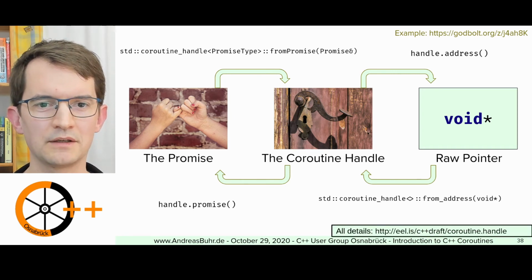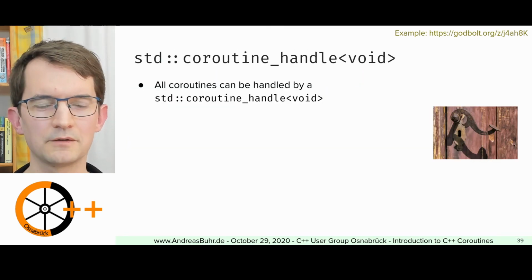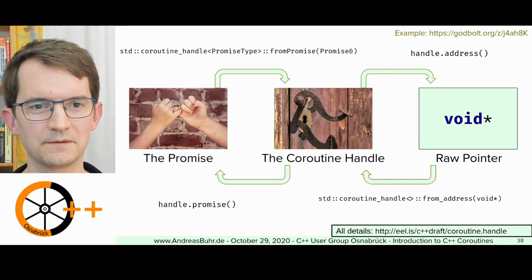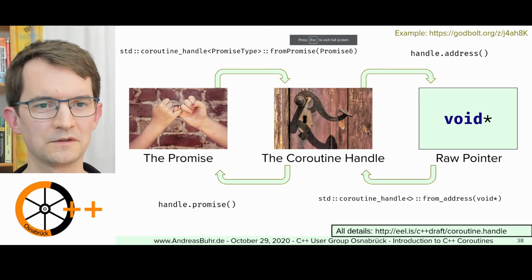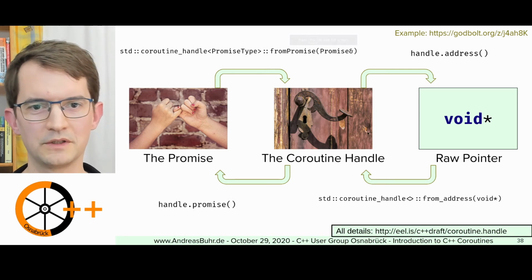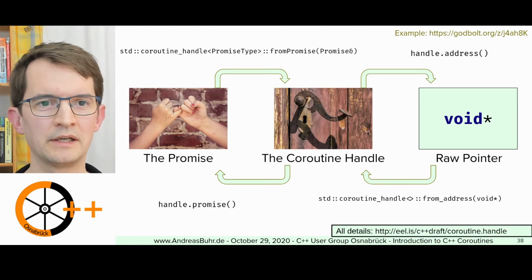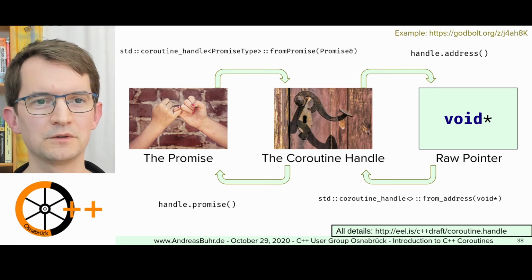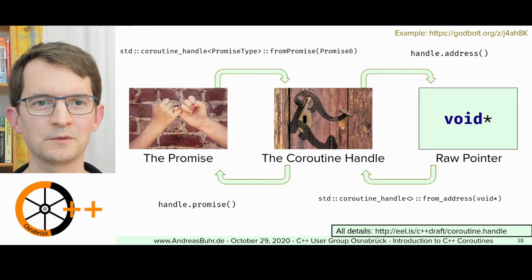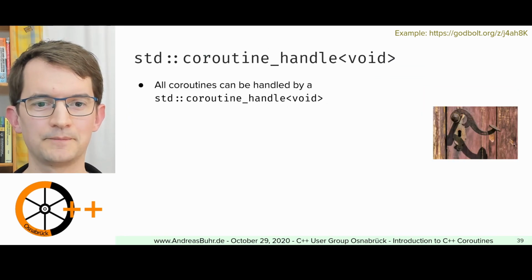A coroutine handle of void can represent any coroutine, but then you don't have the left part of this graph here. So with a coroutine handle of void, you can only go to the raw pointer and back. And if you have std::coroutine_handle of the correct promise type, you can also go to the promise object and back.